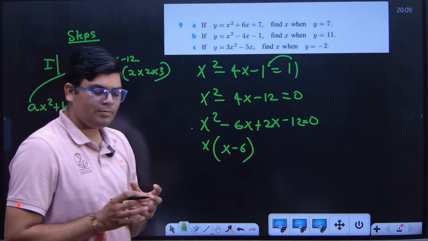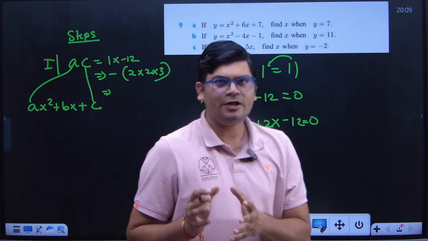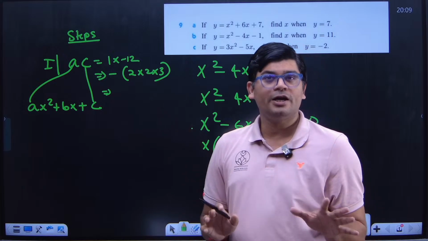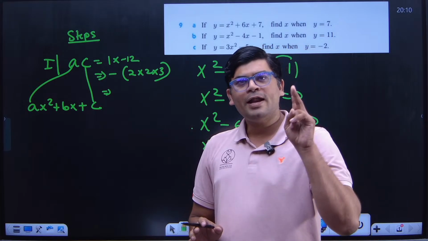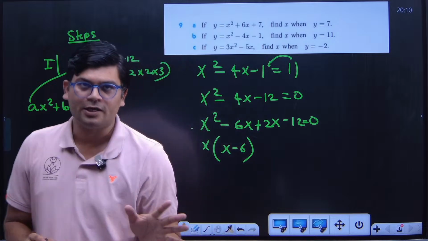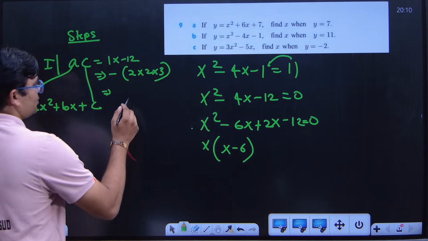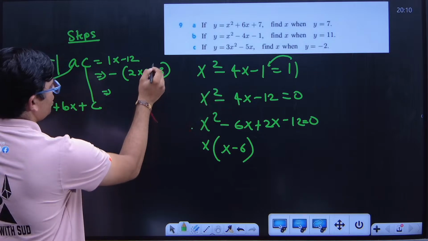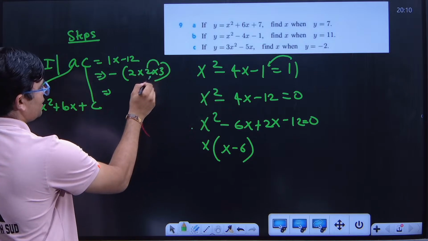Because if two numbers are being multiplied to get a negative number, one of the numbers should be negative. And adding one negative number with a positive is going to be subtraction only. So the numbers are 3 into 2, 6 and minus 2.